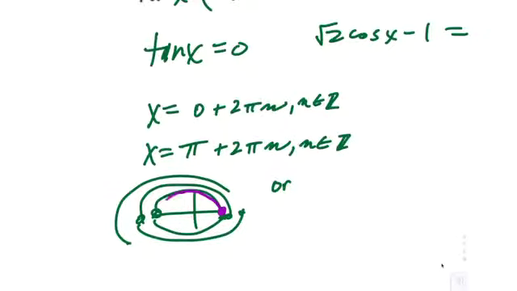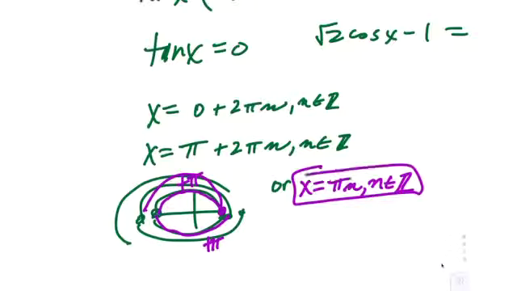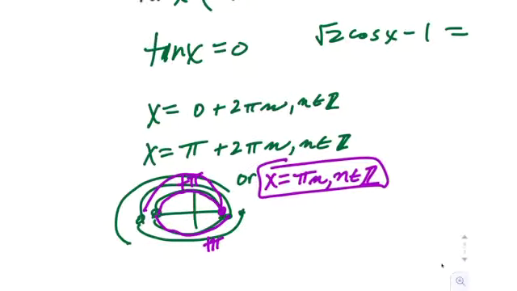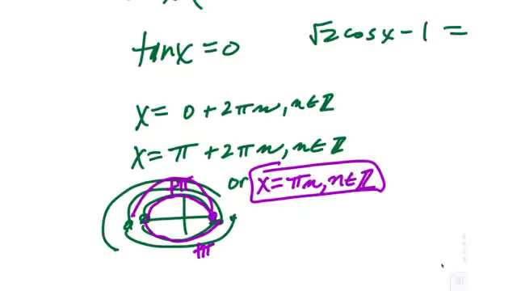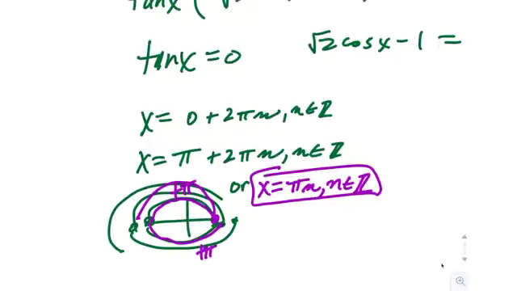I wouldn't go all around 2 pi. I would just go to pi, right? And then add another pi. And then add another pi. So I could just say x equals pi n, where n is an integer. Okay, you can't always get it down to a single one. In general, if you take the 2 that you're given and just say plus 2 pi n, it's going to work. But sometimes if they land on the quadrants on opposite sides from each other, you could do it like that.